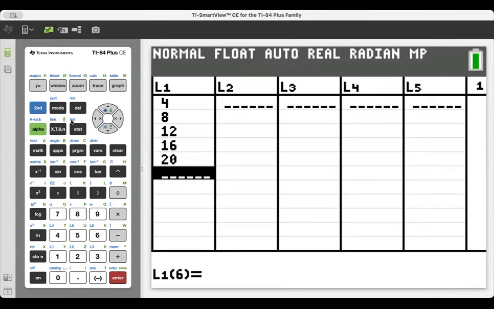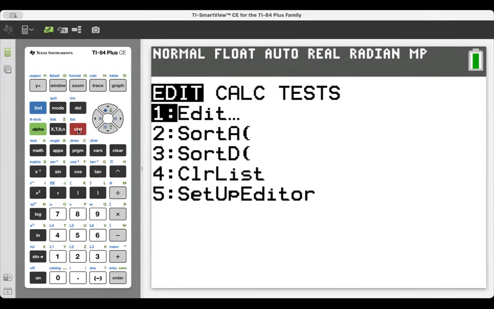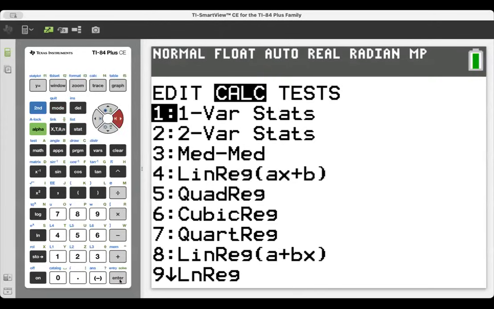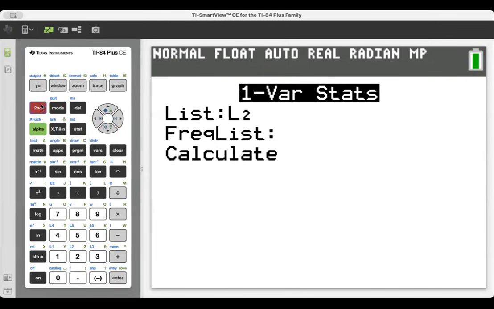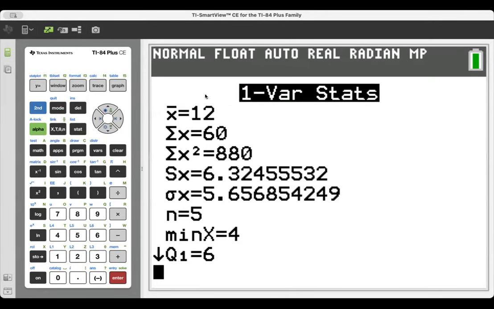And we're going to run 1-Var Stats to get our mean and standard deviation. So hit Calc, number 1. We're in L1, leave the frequency list blank and calculate. And the mean is 12. Even though the symbol is x bar, since we know we're working with a population, the correct symbol is mu.